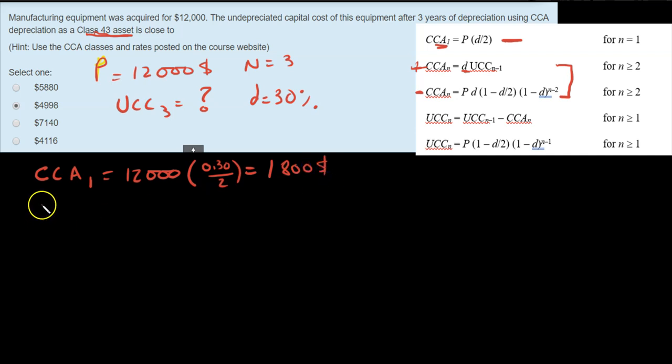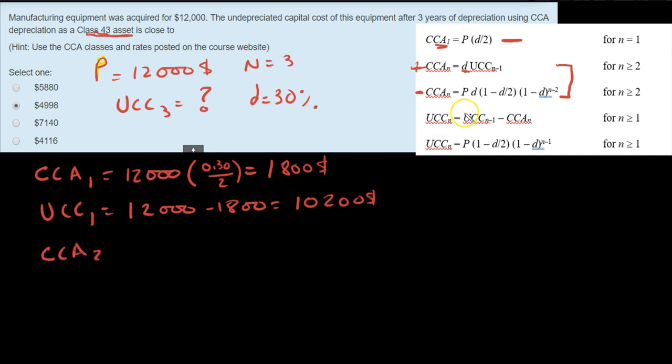Now, UCC. You have to find the UCC at each year as well, which is just the remaining balance after you take away 1,800 from 12,000. So it will just be 12,000 minus 1,800. It's $10,200.